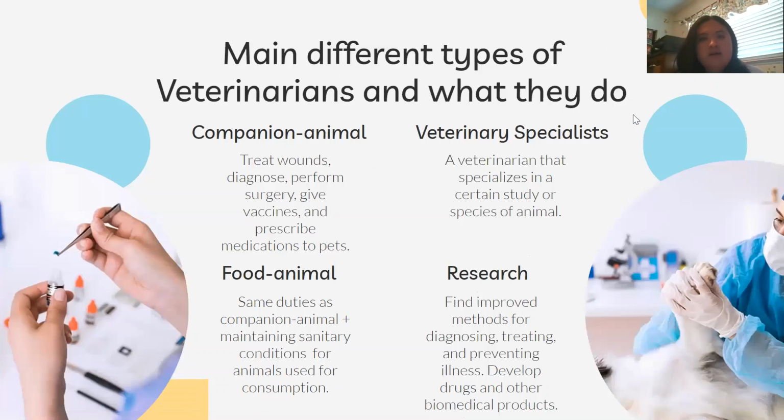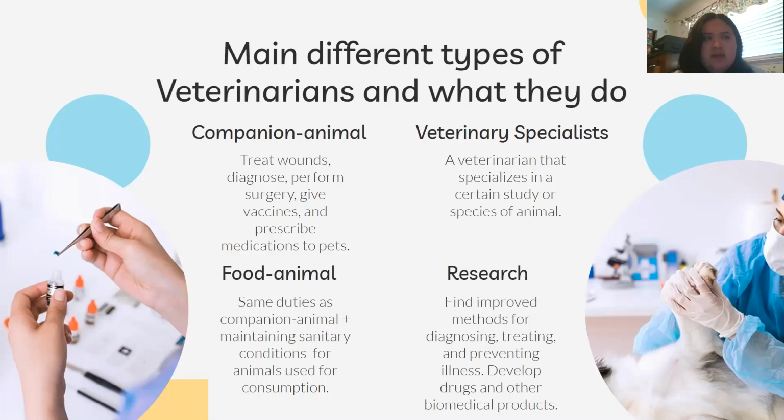There are main different types of veterinarians. I have 4 on the slide, and the first, most common one is the companion animal veterinarian. They treat wounds, diagnose illnesses, perform surgeries, give vaccines, and prescribe medications to household pets. There are also veterinary specialists, who specialize in a certain area of study.